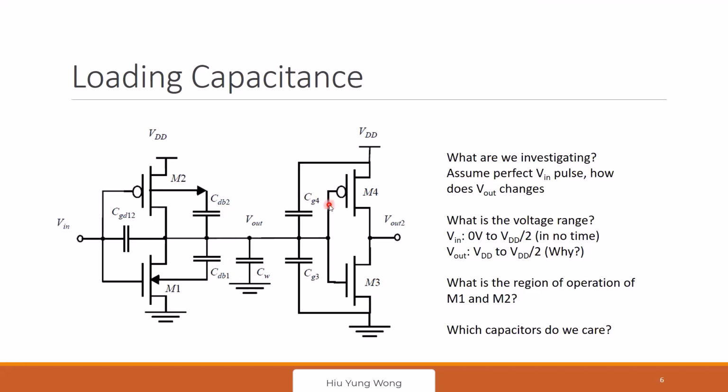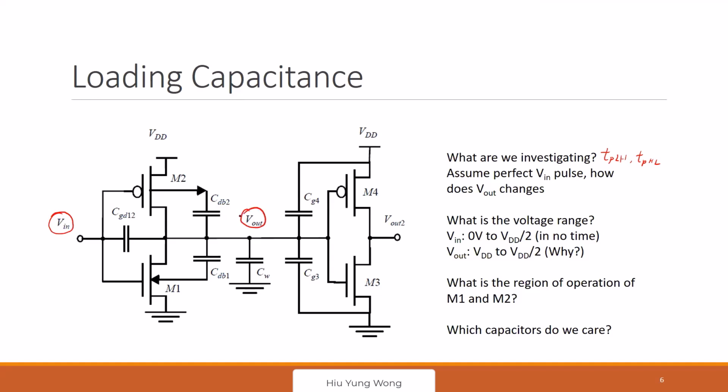But the most important thing is, to analyze this circuit, we need to know the condition, right? So what are we investigating here? What we care about is the propagation delay, TPLH, TPHL, right? How the output changes with the input. So you see the input is here, the output is here.